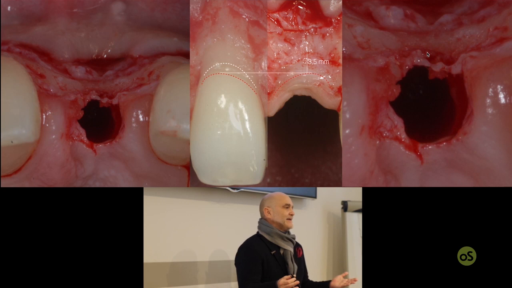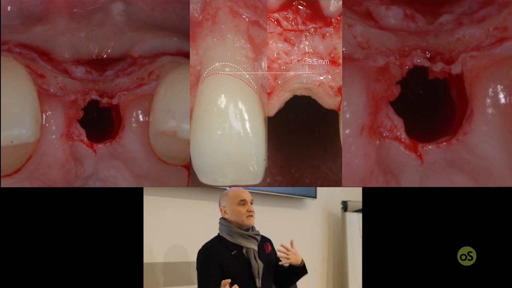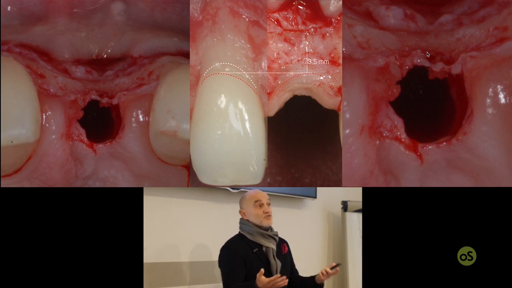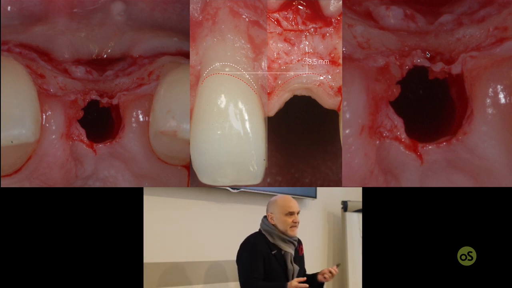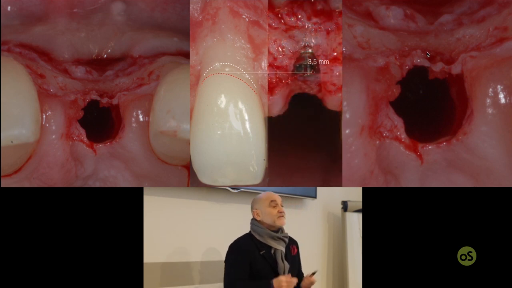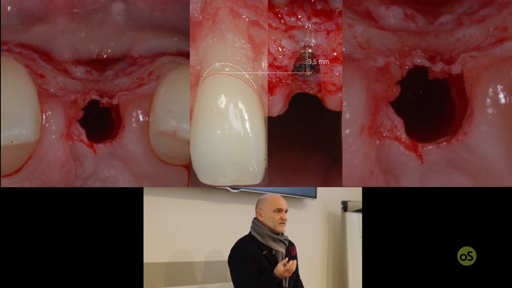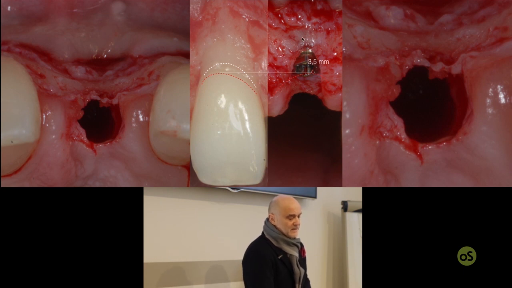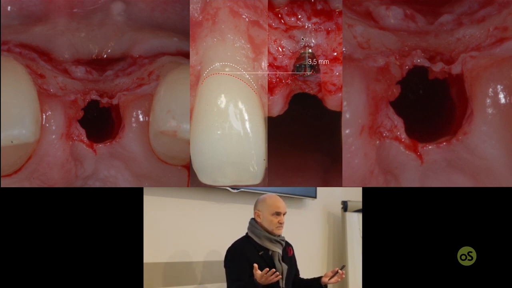So theoretically, not enough, because according to the literature, this thickness should be 2 millimeters. But it's not true that it's not enough to place an implant, because by guiding my implant as much as possible and being precise and atraumatic, I can place my implant without creating any implant exposure.